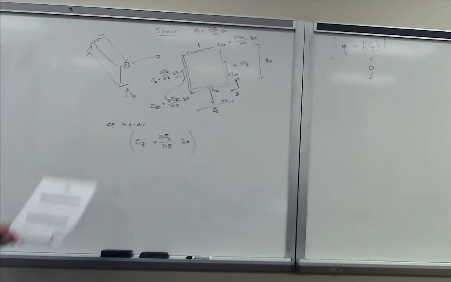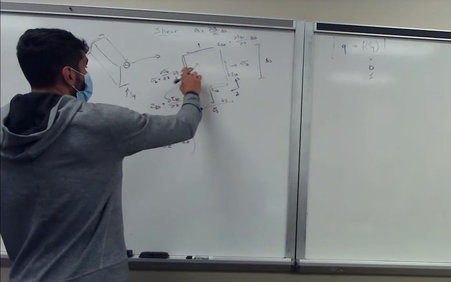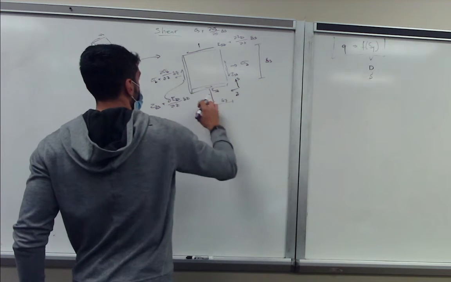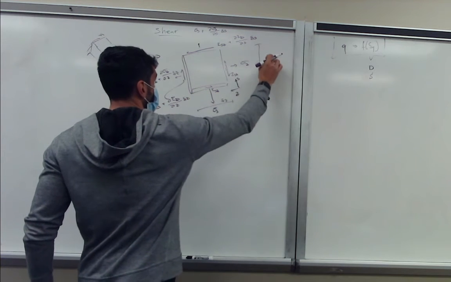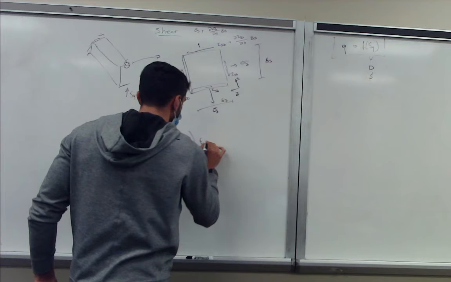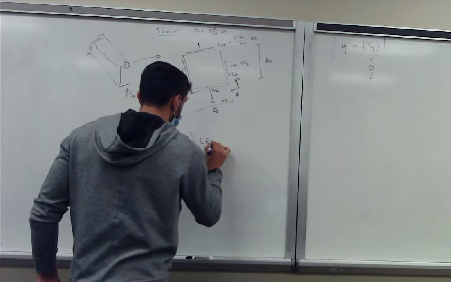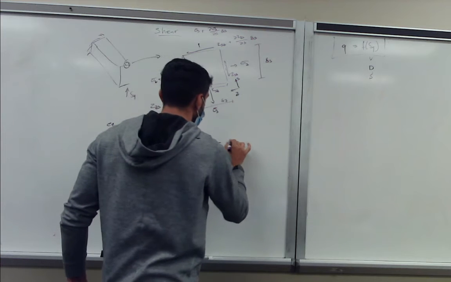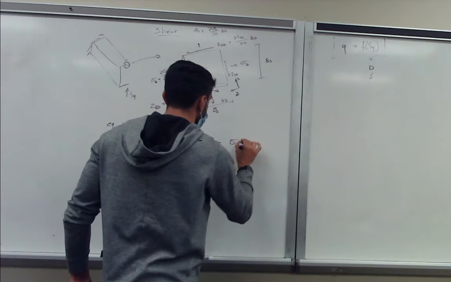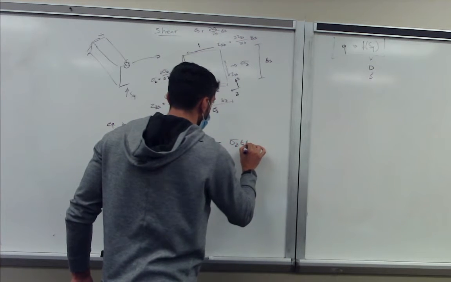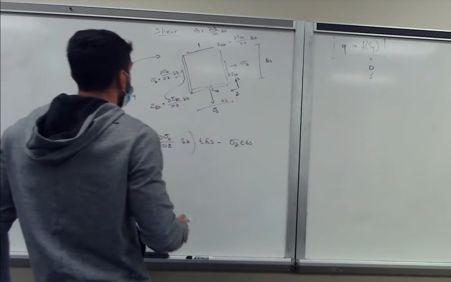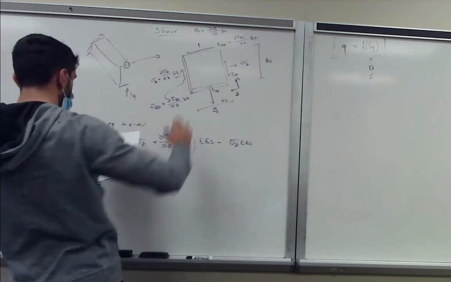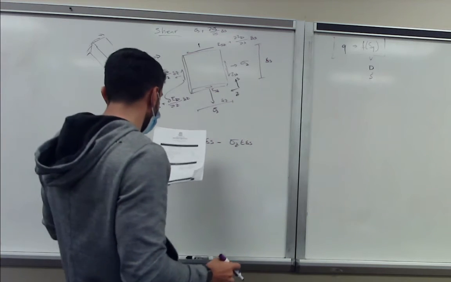Again, we have to multiply this by the area, so that's basically t ds, because this is our segment ds, so t delta s. And then this one is negative, so we get sigma z times t times delta s. Now we have to take into account these two shear stresses as well.